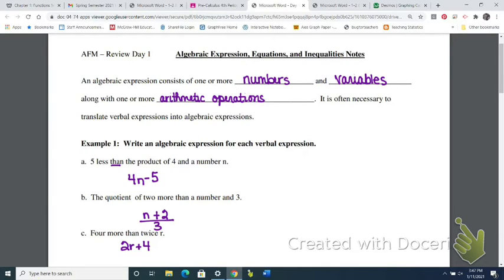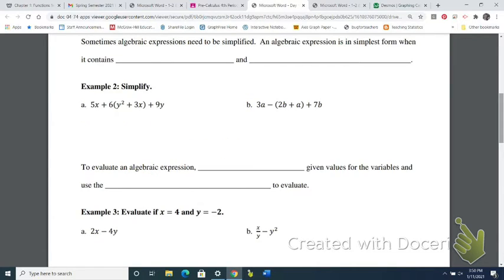Now let's talk about what it means to simplify. Sometimes algebraic expressions need to be simplified. An algebraic expression is in the simplest form when it contains no like terms, and no parentheses or brackets.